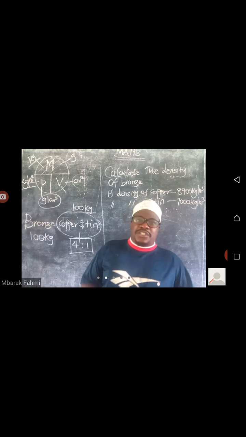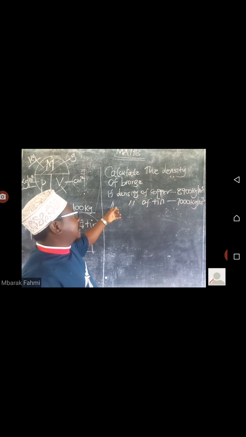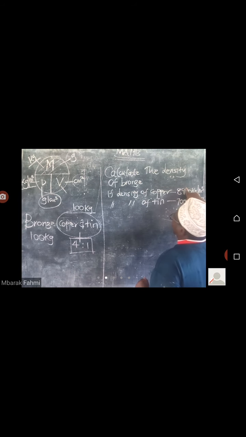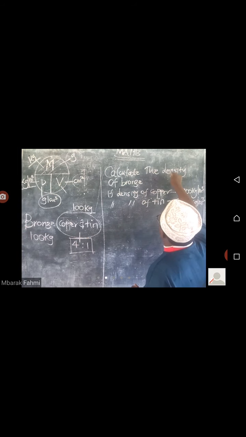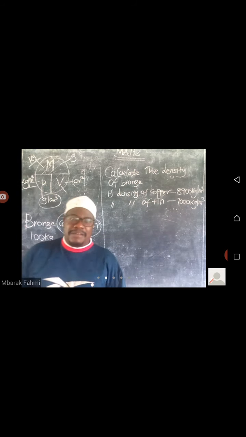Why am I saying it's a technical question? Because we can get the mass here in terms of ratio. If we have the mass, we have the density, and then what is being asked is density again. What is this all about?